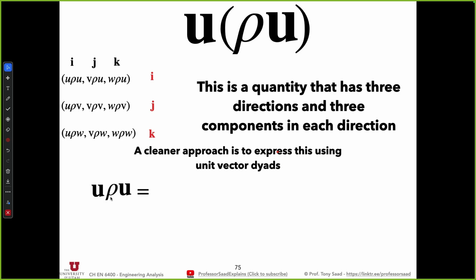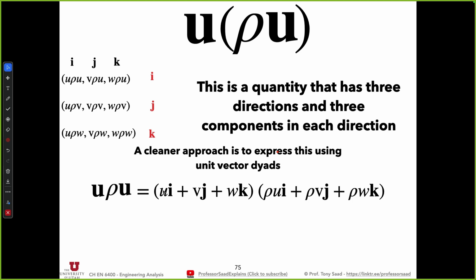So if I were to write u rho u as a dyadic product or a tensor product, I would simply expand the first vector, which is u, that's ui plus vj plus wk, and then do the tensor product with the other vector, which is rho ui plus rho vj plus rho wk.